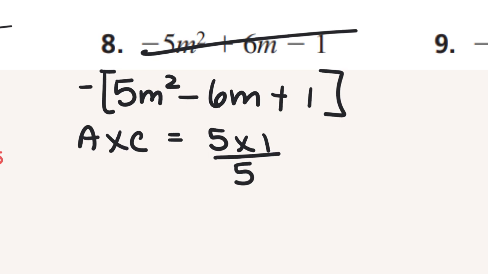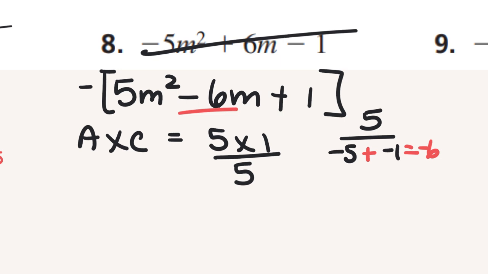And I know that c is positive, but b is negative. So that means they both have to be negative. So what gives me positive 5? Negative 5 times negative 1 gives me positive. But when added together, I'm going to get negative 6, correct?